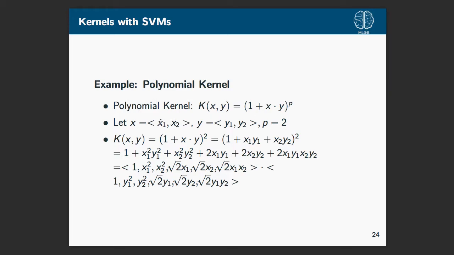And concretely, if x is equal to x1, x2, and y is equal to y1, y2, and we're computing it to the second polynomial, so basically we want each variable in x to be raised to the second and each variable in y, that expands out to this term over here, which is what we want. But we never had to individually compute it for each x and y, because we could just compute this equation instead. And you can also represent this as a dot product between two vectors.